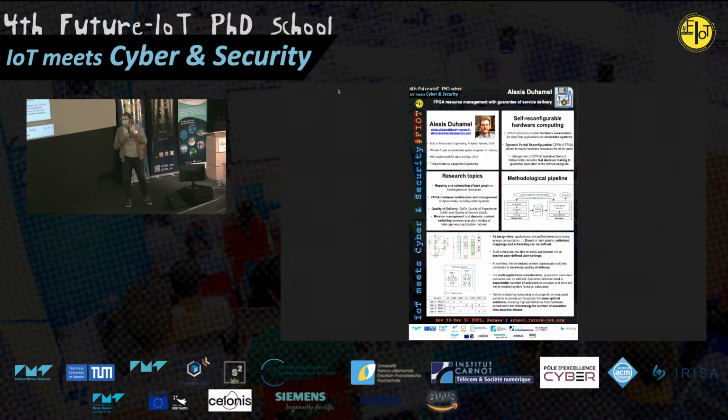This technique allows systems to benefit from high performances in terms of fast computation. In my work, we focus on the management of those DPR-enabled matrices, which is a challenge in itself because you don't execute a compiled bitstream, but you make use of electronical circuits.